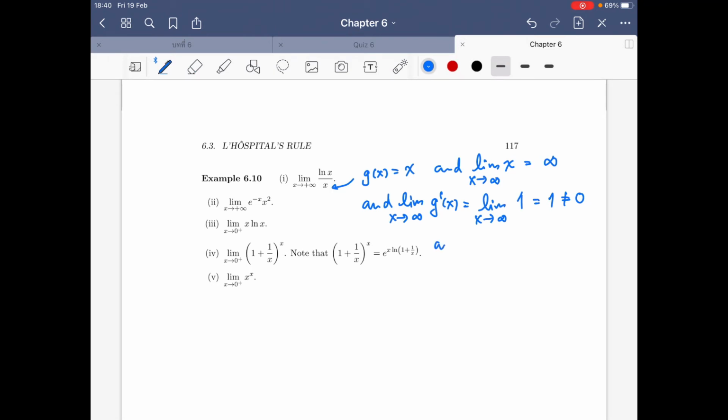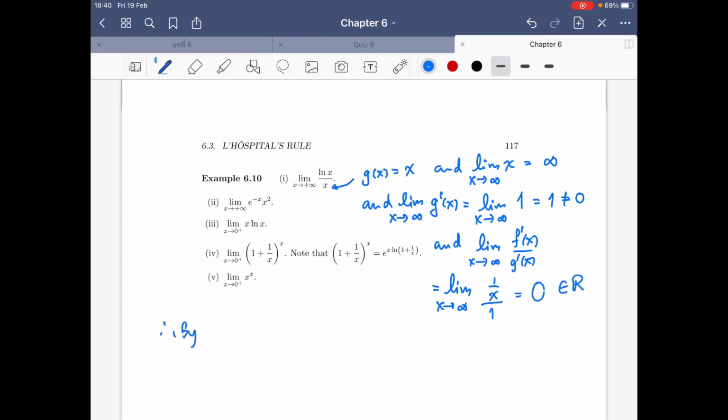Another thing we need to know is that the limit of f' over g' is the same as 1 over x over 1, which is like 1 over infinity, so it goes to 0, and it is a real number.